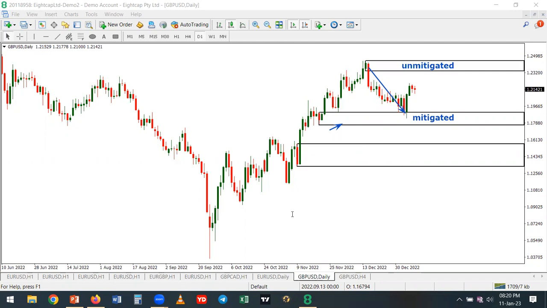So an order block that price has not returned to is an unmitigated order block, and the one that price has returned to is a mitigated order block. Now, for a mitigated order block, you don't look at taking orders or placing orders at it. The order blocks you look at taking or placing orders at are order blocks that have not yet been mitigated. That's an unmitigated order block, and the order blocks you can take or place orders at. All right, good. I believe we are getting something here.